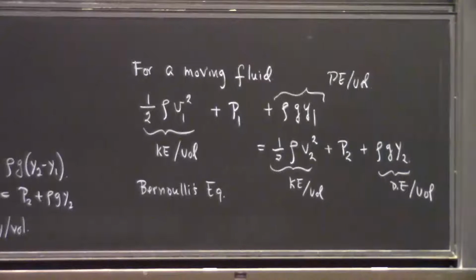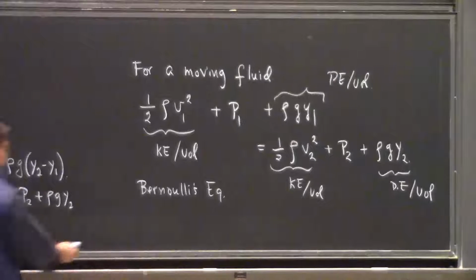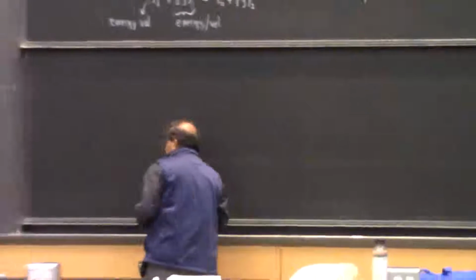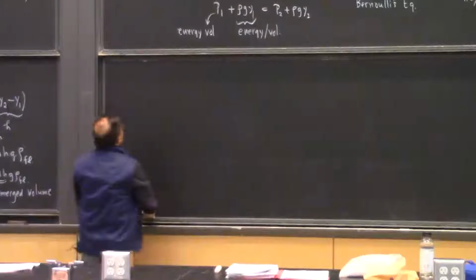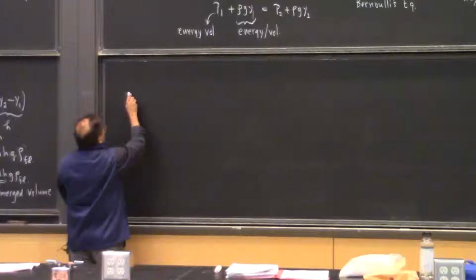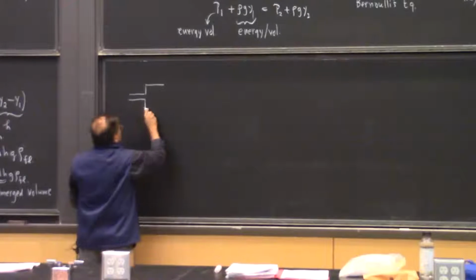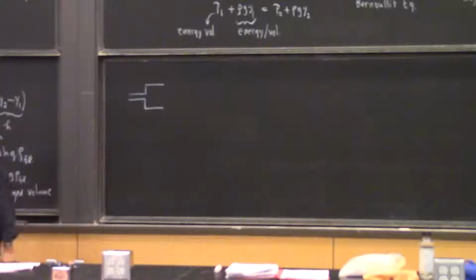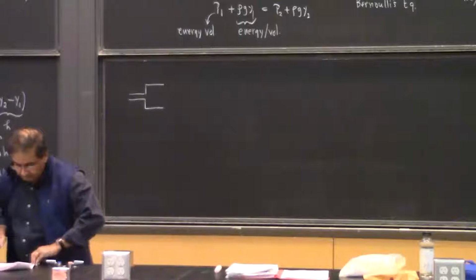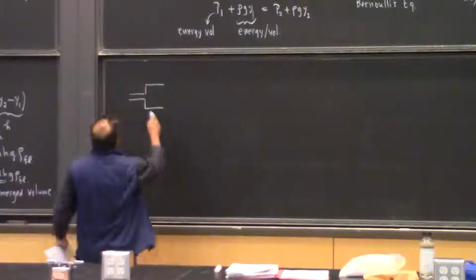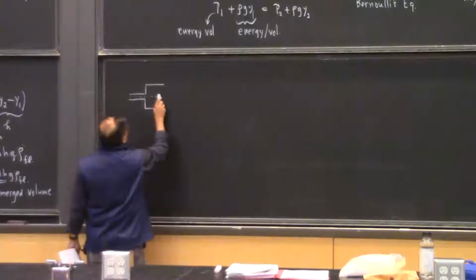Now you may say, why is it important? Well, let me give you a simple example of why Bernoulli's equation is something that we deal with every day, knowingly or unknowingly. For example, let's say you have a pipe which broadens out. Let us say that in this pipe the level is the same, so the y doesn't change.